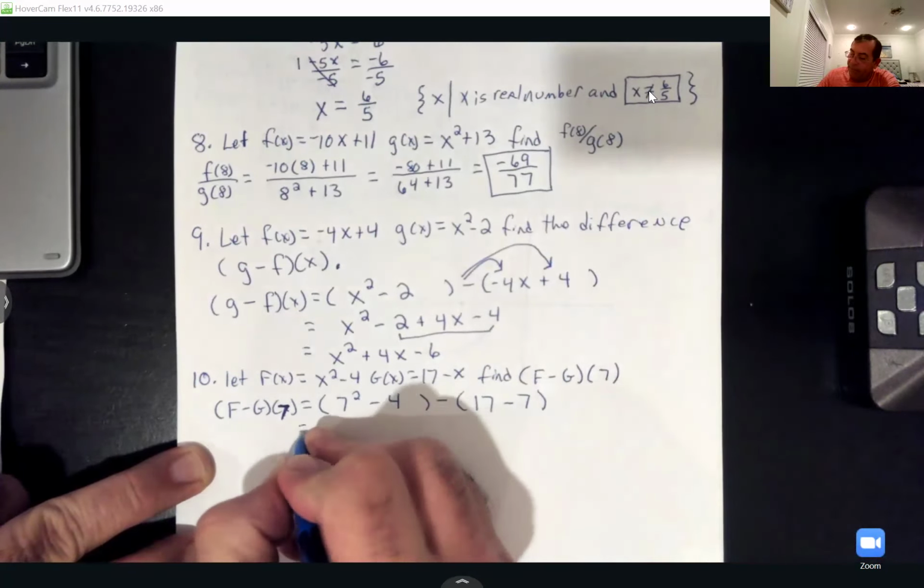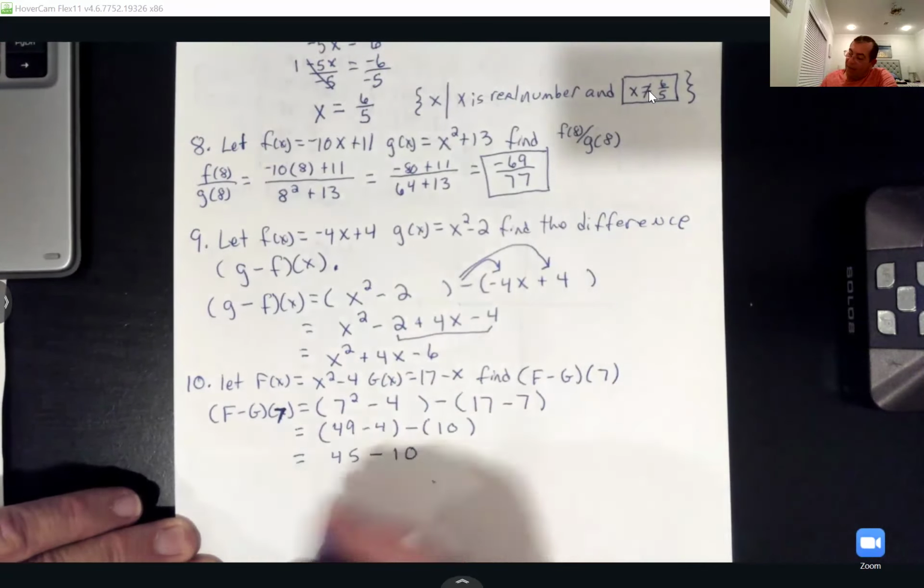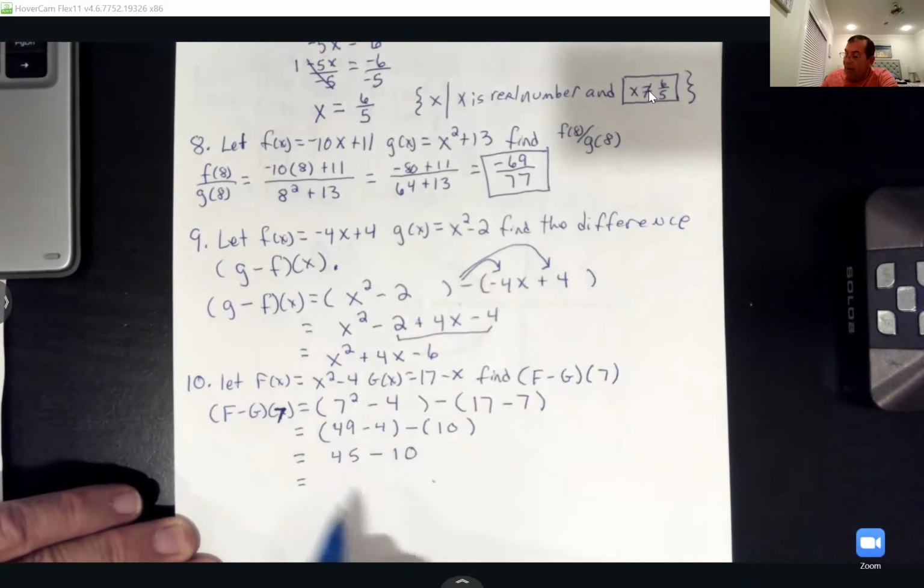Finishing out the first parentheses, 49 minus 4 gives us 45. Minus, well, y'all, I can't do anything to that. All I got in there is a 10, so I'm going to bring that out as a 10. And then finally, I can subtract 45 minus 10 and get my 35.